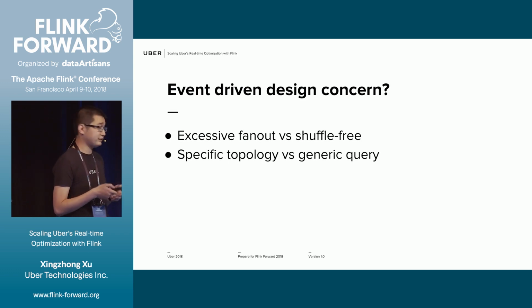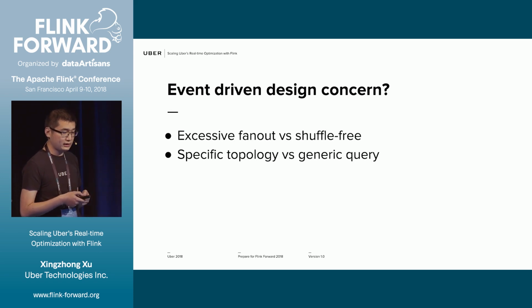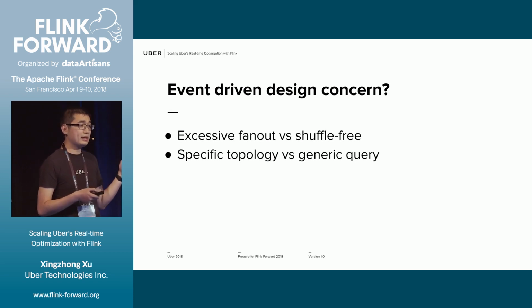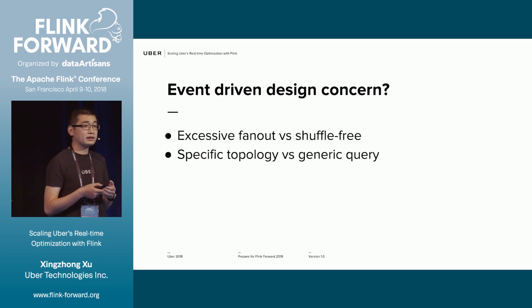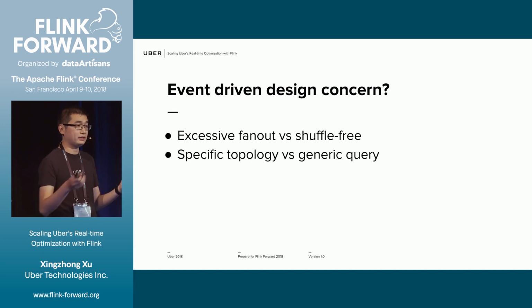That's a valid concern because in production, as you probably remember, we ingest millions of events coming to our system. And normally in production, we fan out 1,000 times because each event has that kind of physical relationship. That means a billion-level throughput in our system. That seems like a pretty big number.